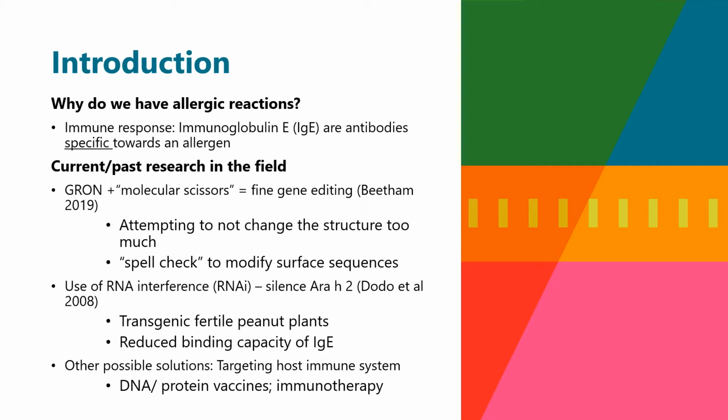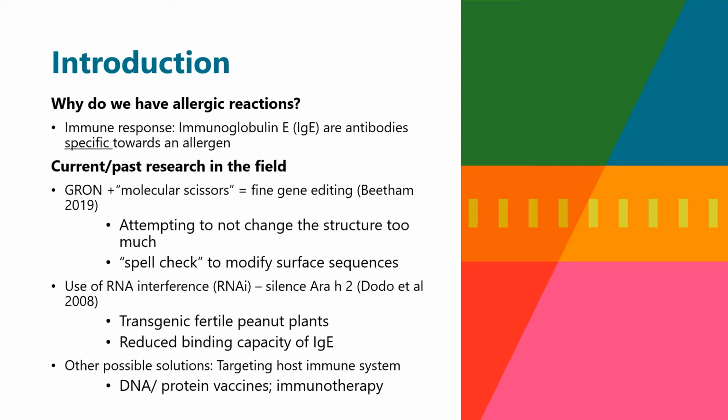There has been some past research done on allergic reactions and how to decrease the response. Peter Beetham wanted to generate a non-allergenic peanut. He hypothesized this peanut using gene repair oligonucleotide, or GRON, I think.